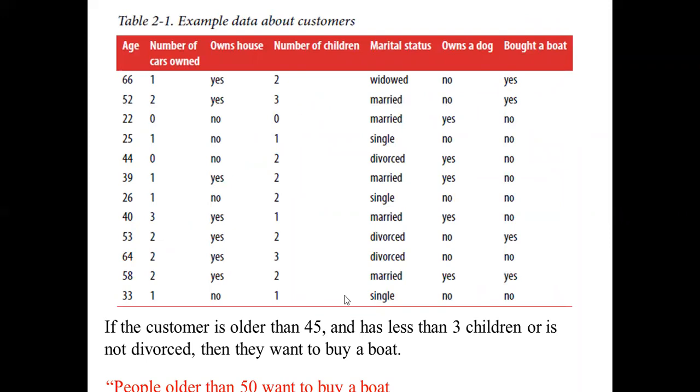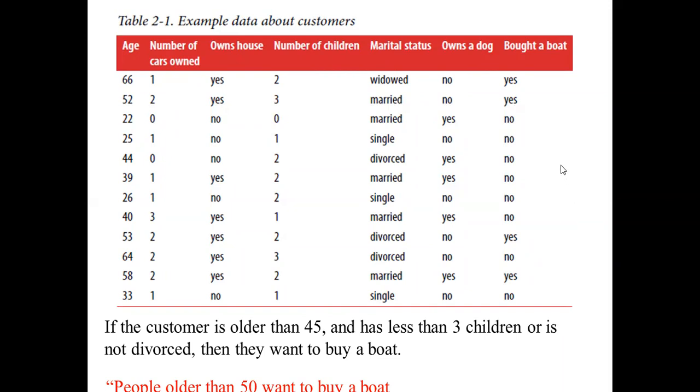Here we have features like age, number of cars owned by the person, whether the person owns a house, number of children, marital status, owns a dog. Yes, these are the features of my clients, or we can say the customers. And I'm checking whether this person has bought a boat or not. Consider that I have a boat company and I want to analyze who my customers are.